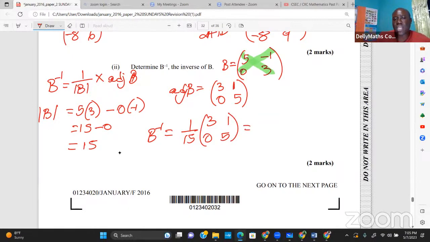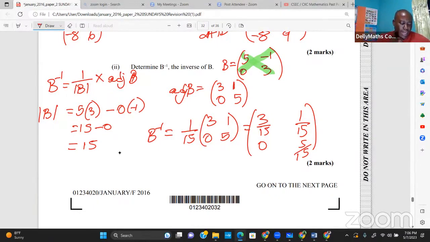For more simplification, we're going to multiply 1 over 15 by everything, which means a 3 over 15, 1 over 15, 0, and 5 over 15. Right?